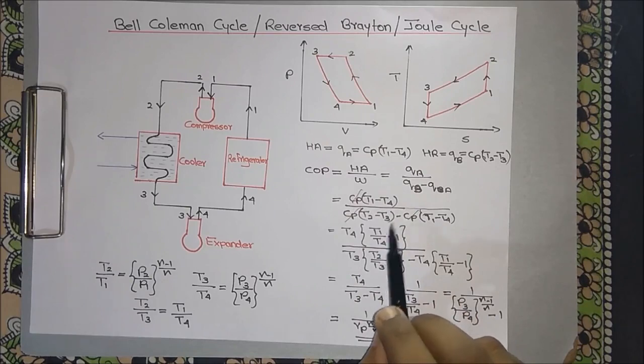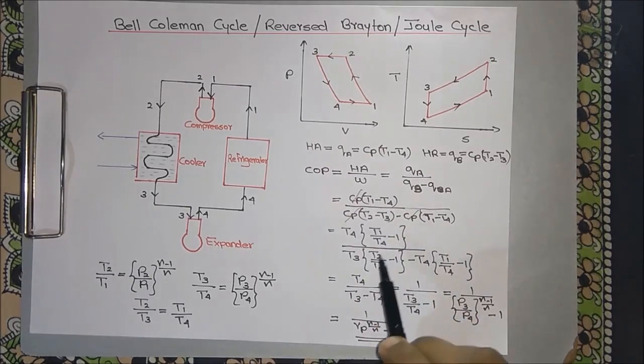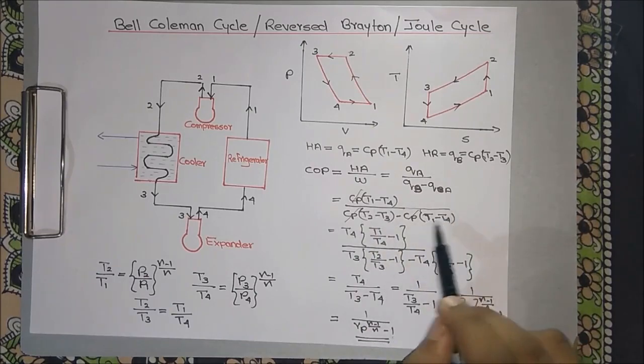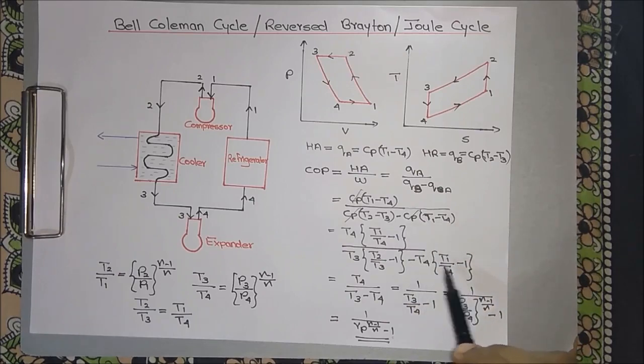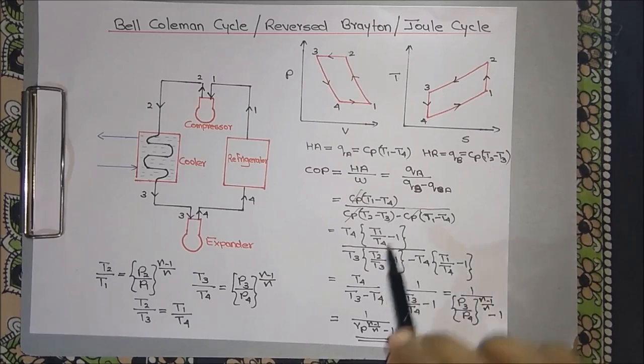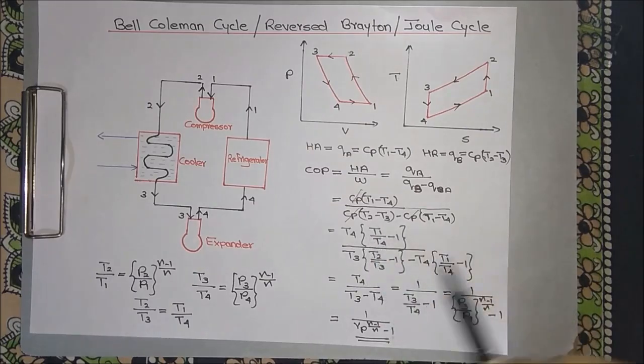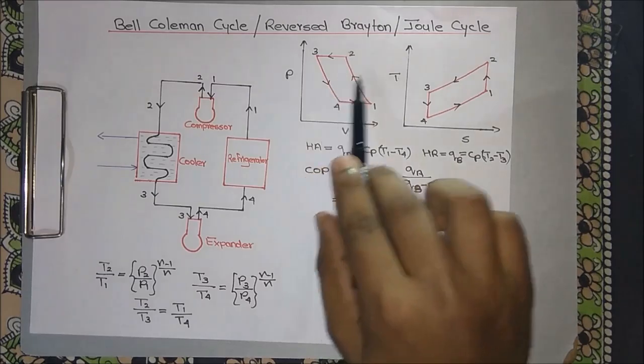Taking T4 outside in the numerator, we get T1 by T4 minus 1. Taking T3 outside in the denominator, T3 into T2 by T3 minus 1, minus T4 into T1 by T4 minus 1. So we get an interesting relationship between T1 by T4 and T2 by T3 if we consider the processes.